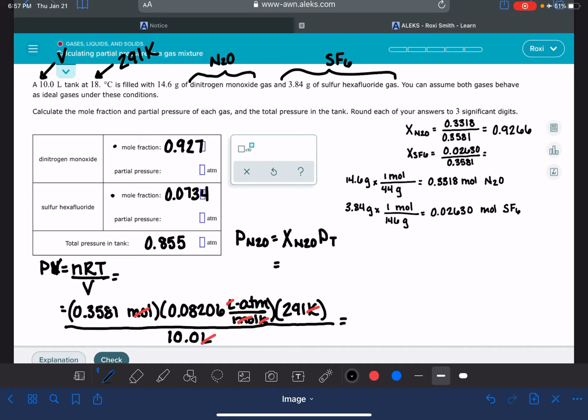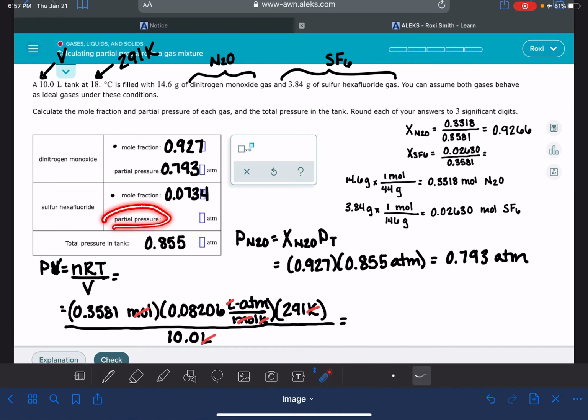So we know the mole fraction of N2O, and we know the total pressure of the combined gases, 0.855 atmospheres. So that gives us a partial pressure for N2O of 0.793.